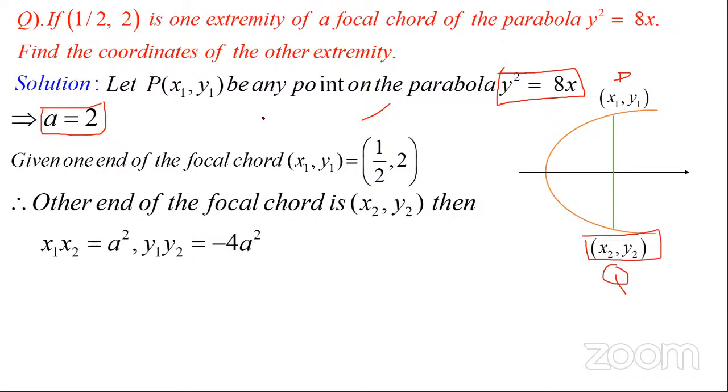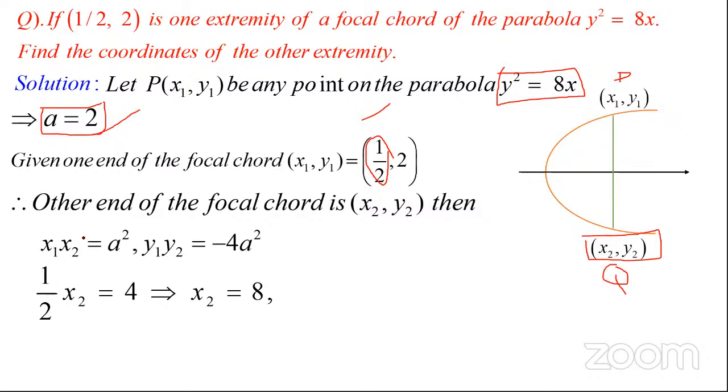We have the values x1, y1, and we have to find the values of x2 and y2. So just substitute the values in the derived formula. This is the x1 value, and x2 value we will get, where a is obtained from y² = 8x.